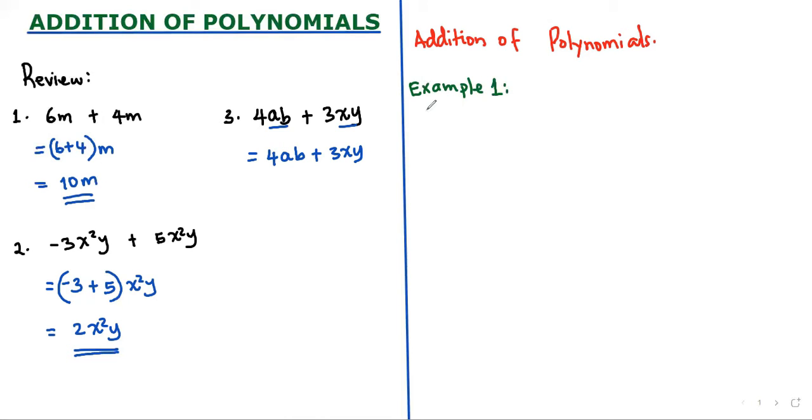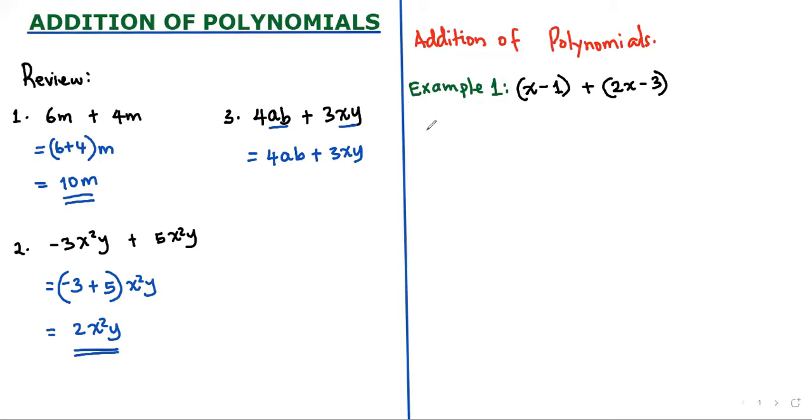So example 1, let's have x minus 1 plus 2x minus 3. Okay, we are having x minus 1 plus 2x minus 3.